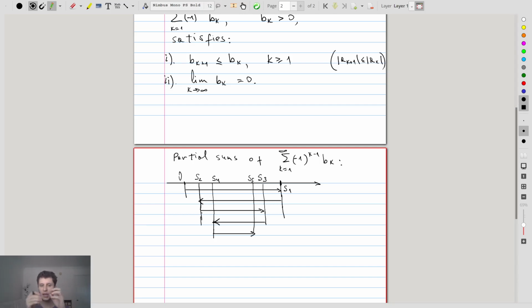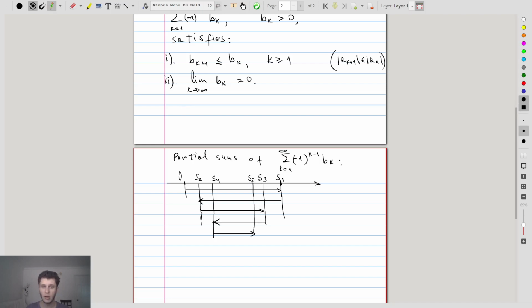So every even partial sum will move to the right. So we have S2, then S4 to the right of it, then S6 to the right of S4 and so on. Whereas on the other hand, the odd partial sums will shift to the left, right? Just like that. So we have S1, then S3, then S5, and so on. So we'll be gradually shifting to the left.